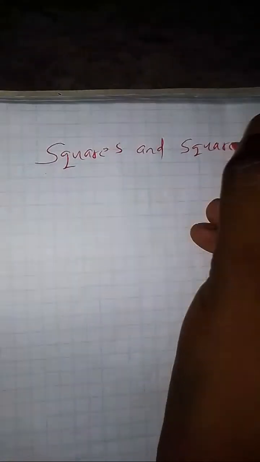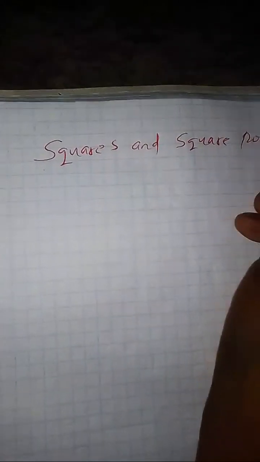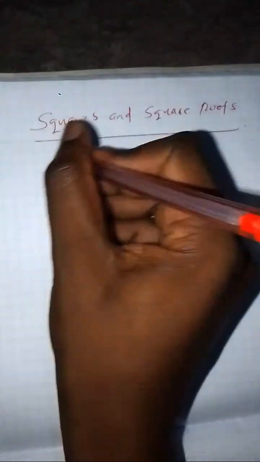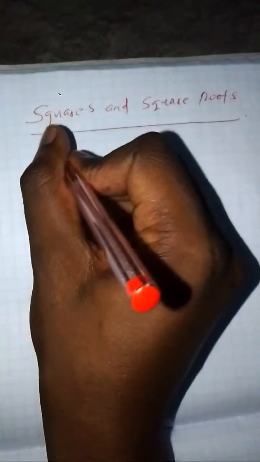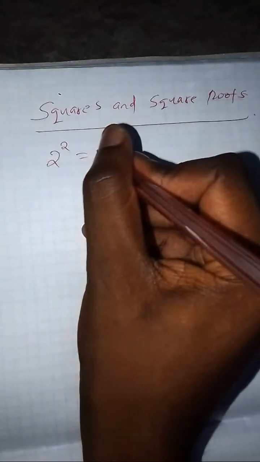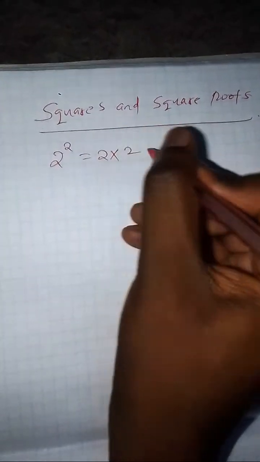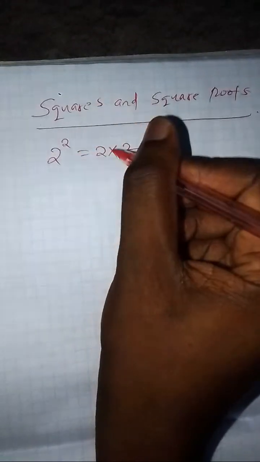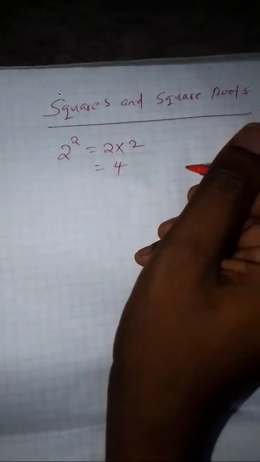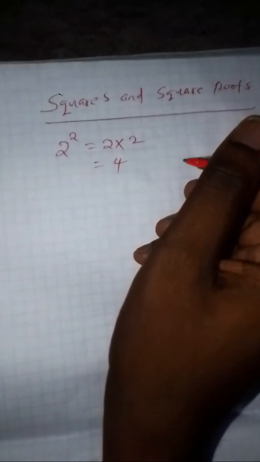Like for example, if you are asked to work out the square of 2, 2 squared is 2 multiplied by 2, and the answer is 4.